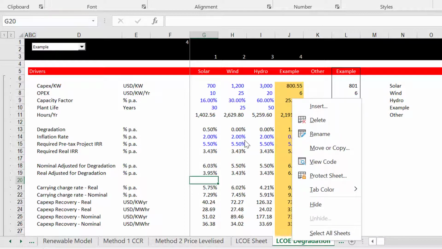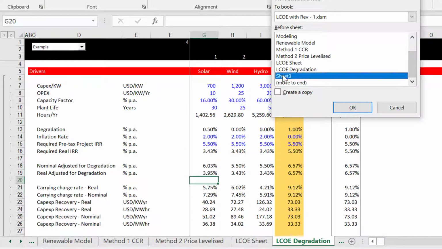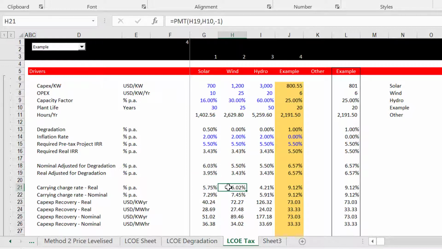So why don't you go to this Alt-E-M, and we'll create another copy and put it right here before the sheet, and this time we'll do the taxes. Now, I think we're going to start with no depreciation. When we put depreciation in, we can put the value of the tax depreciation shield, essentially.